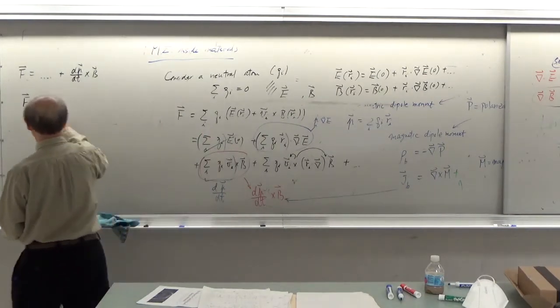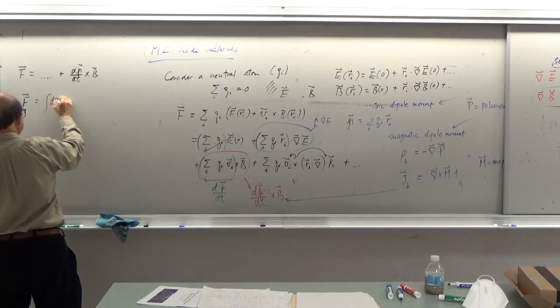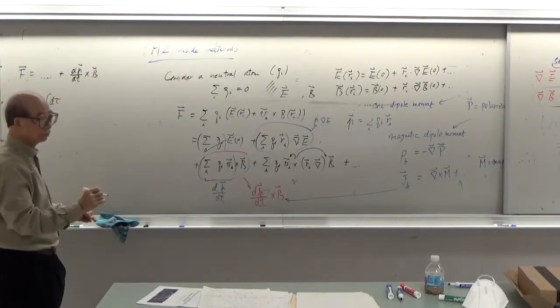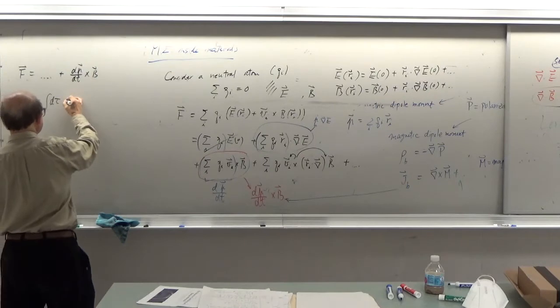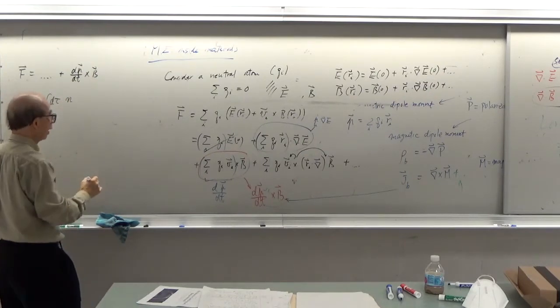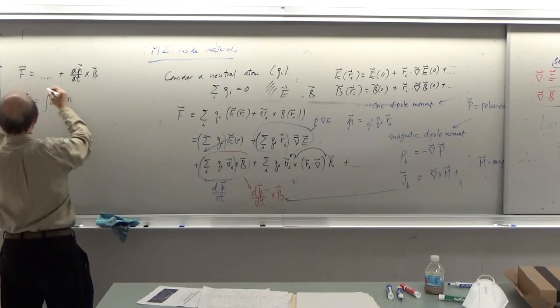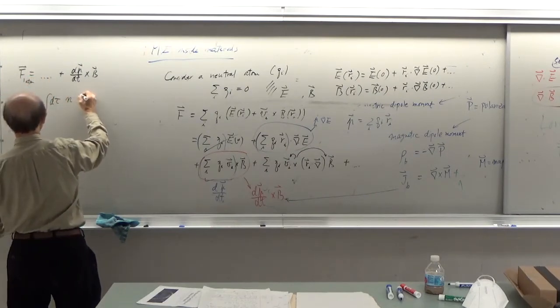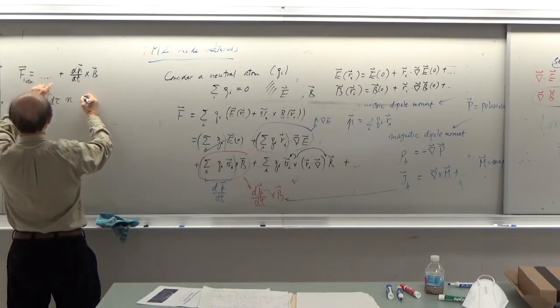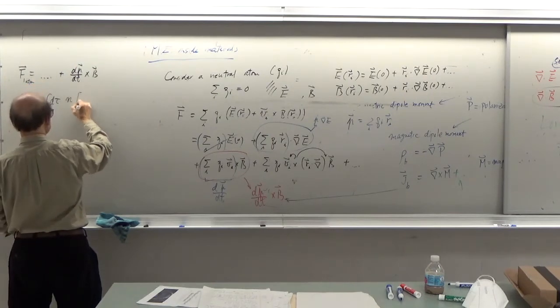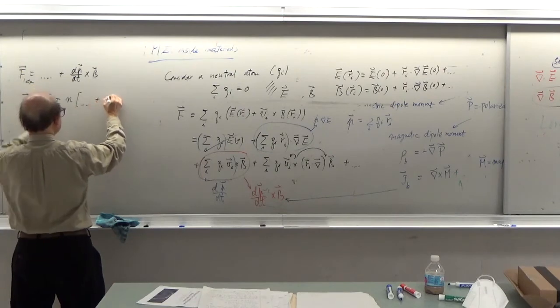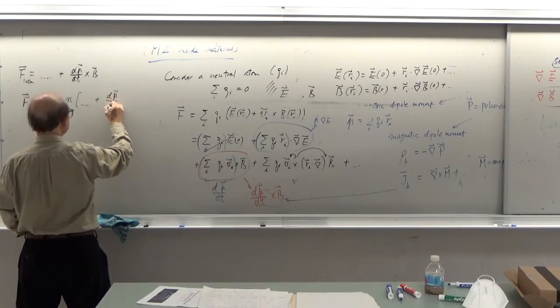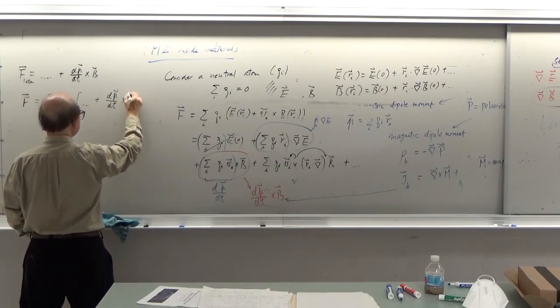So this will be given by the volume integral of the density of those atoms, n, times this one atom. So this one atom is dot dot dot plus d by dt plus d.